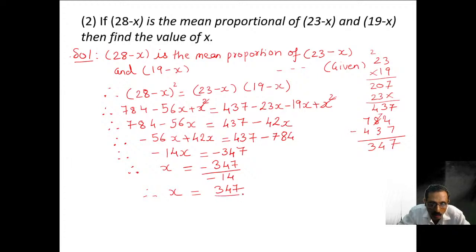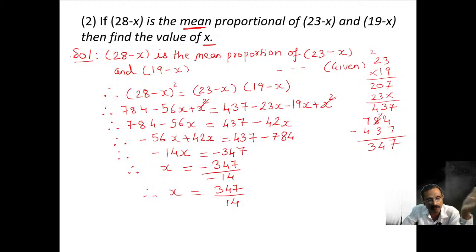347 upon 14. So we saw that if a mean proportion is given to us, then how we find the value of x which is given to us. We found the value of x when the mean proportion was given to us.